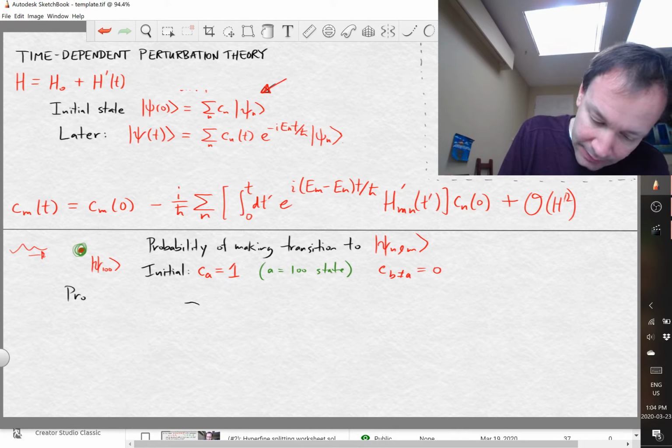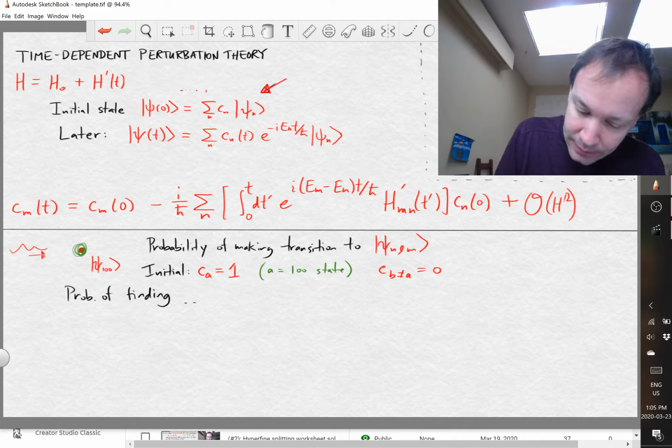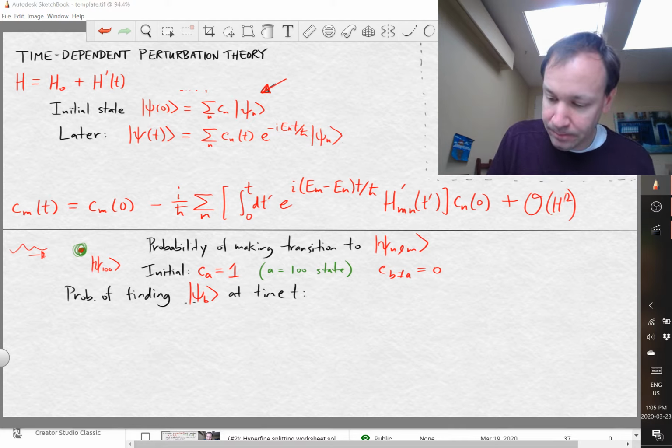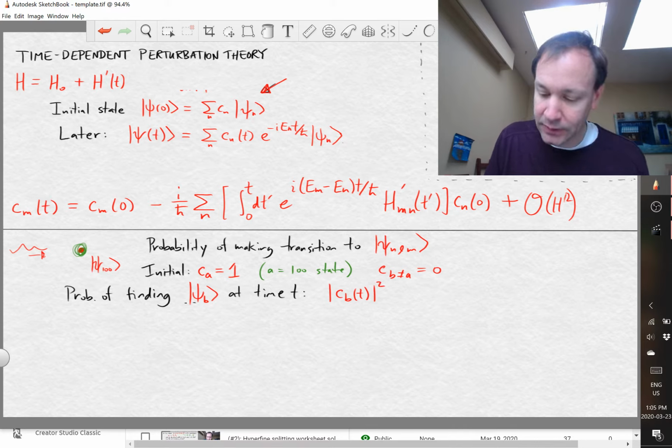So probability of finding state b at time t. And so that's just going to be the coefficient cb of t squared.